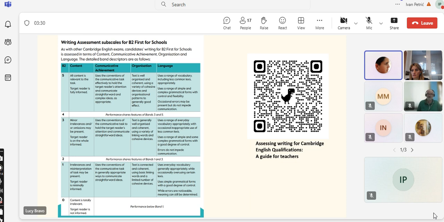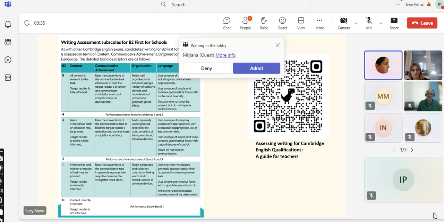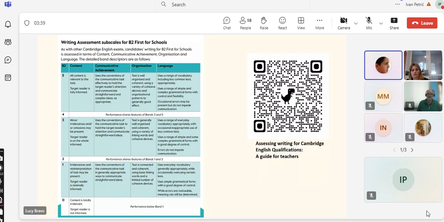So to save my time, because what I was doing is I was looking at the criteria and I would write the mark, and then I would have to write and explain why they got this in content, why they got this in the other areas, and it was taking too much time to write everything out. It's much easier to have these in black and white, ready to go, and you just highlight where they're at.